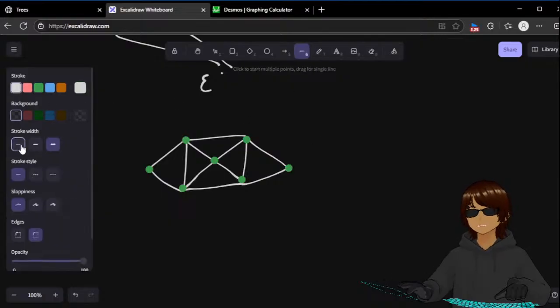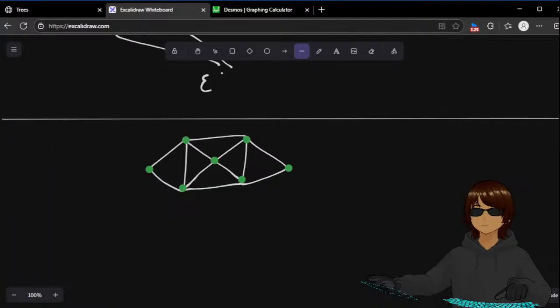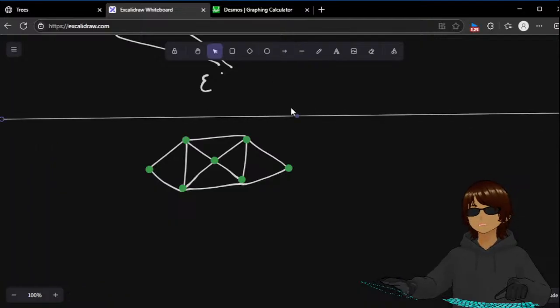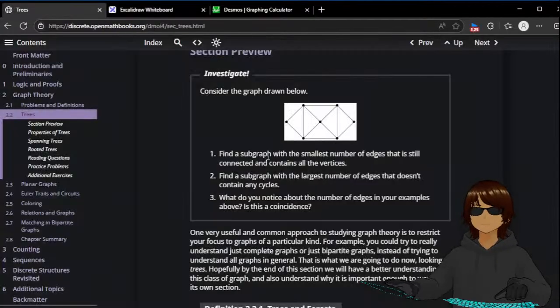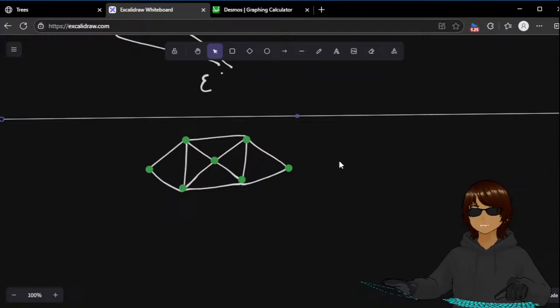The question is, I need to create a subgraph with the smallest number of edges that is still connected and contains all the vertices. So I guess I can start here, connect these two, connect these two, connect these, connect this.